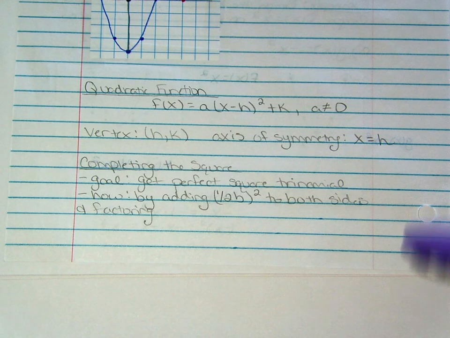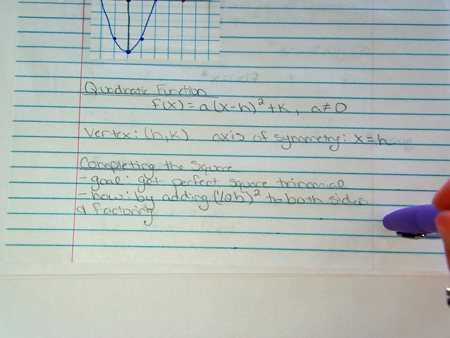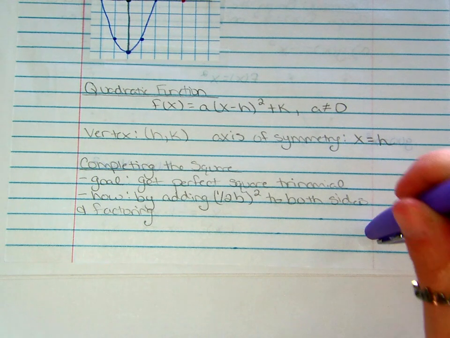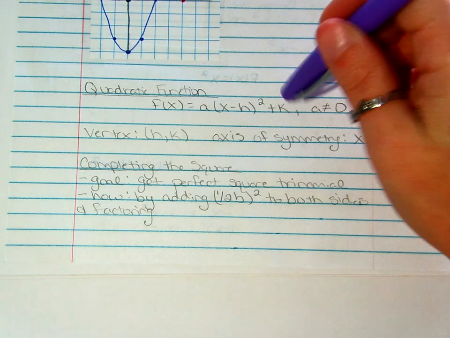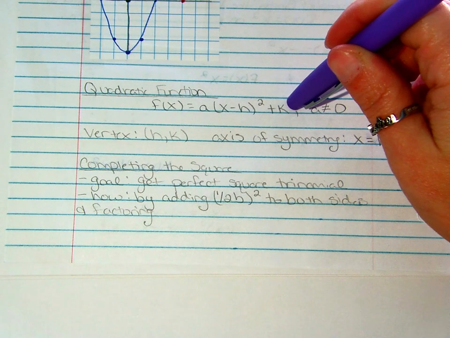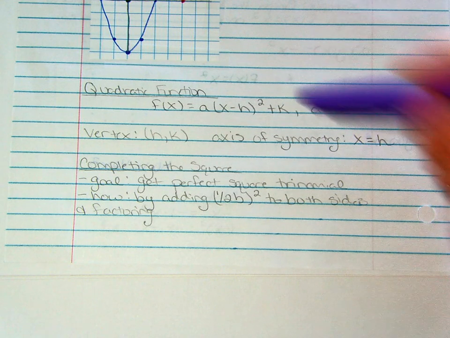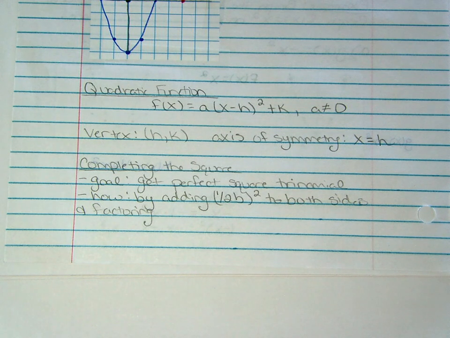If we can complete the square on the ax squared plus bx plus c, we can get it into this format, and then we're able to identify the vertex and the axis of symmetry very easily without actually doing any graphing, just doing algebra. So some of you may have seen completing the square previously, again, maybe an Algebra 2 class or a college algebra class. I don't know if you would get to it in an Algebra 1 class.